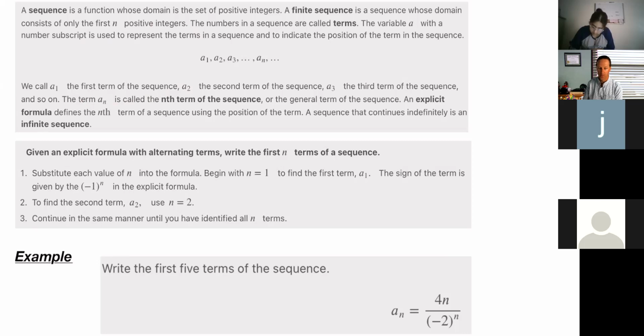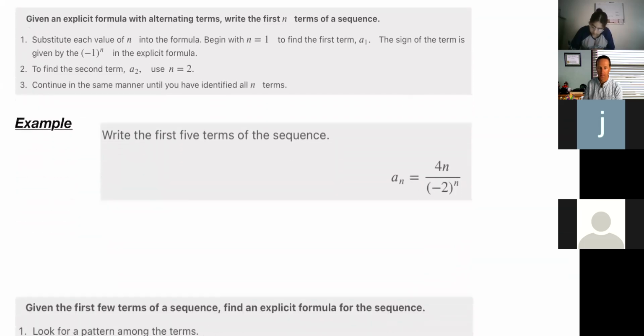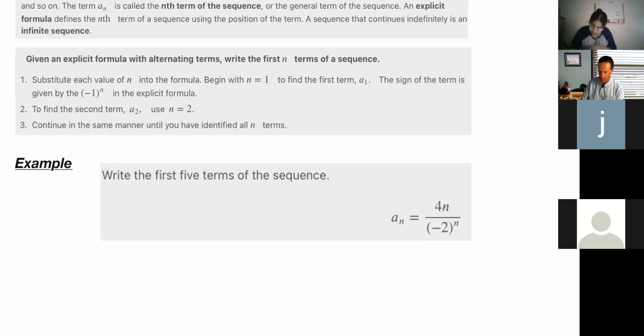All right? So if I give you on this first example here, this explicit formula, I'm explaining how to find any term by plugging this in. And what do they want us to do?